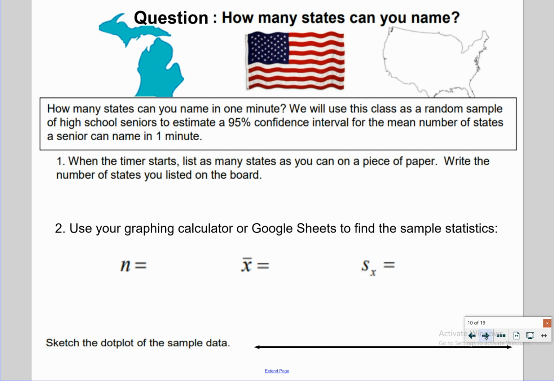And put your number on the board with whatever you got. Count them up and put the number on the board. There's number 1 up there for me. 29.